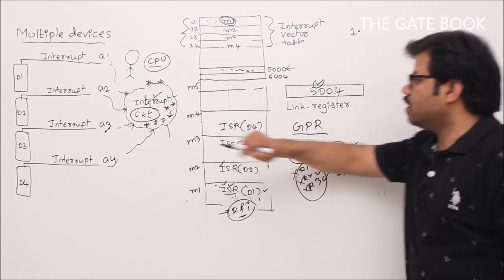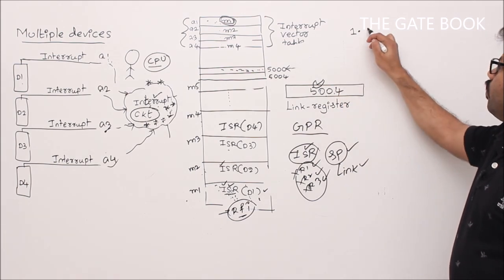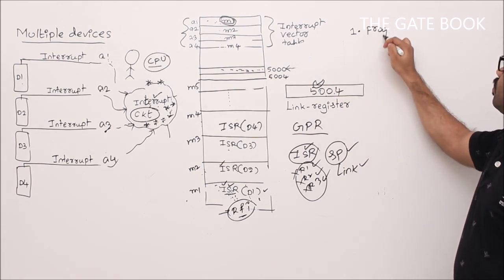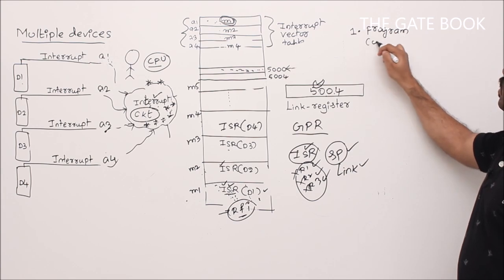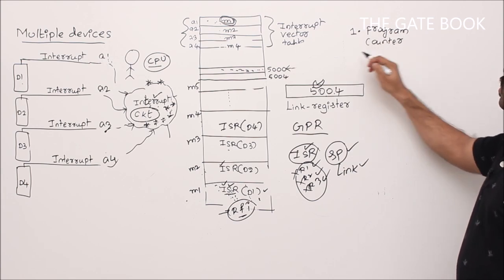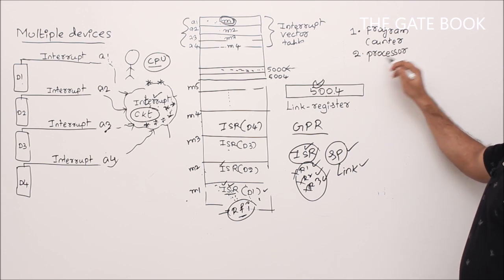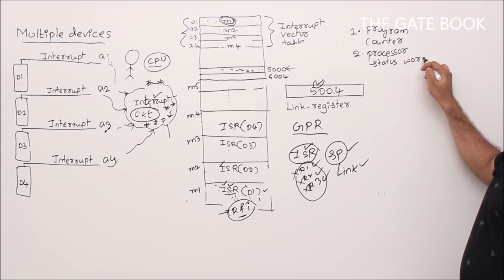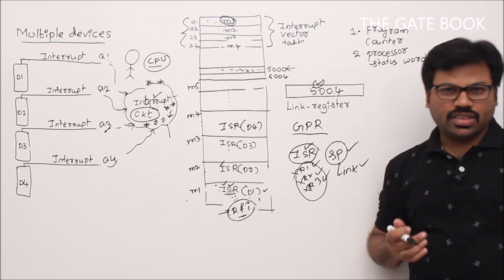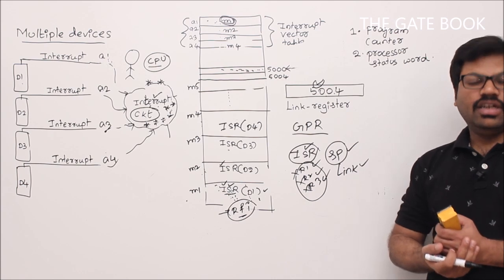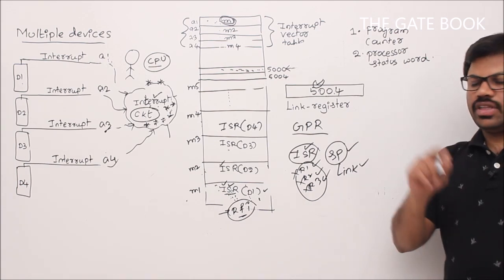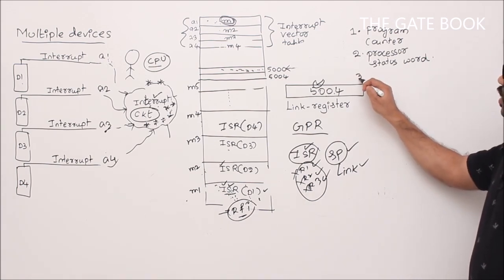This interrupt circuit is going to save the program counter. Remember it. Second thing is the processor status word, that means one or two registers related to processor status. Already I told you: negative, zero, everything.